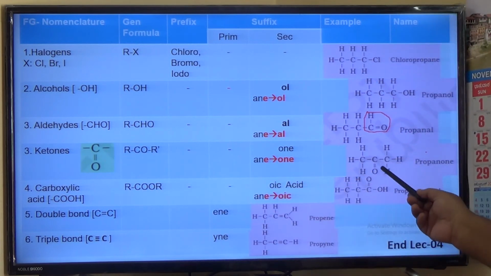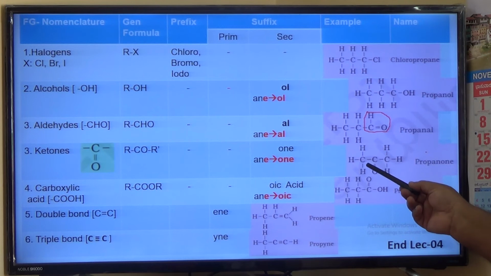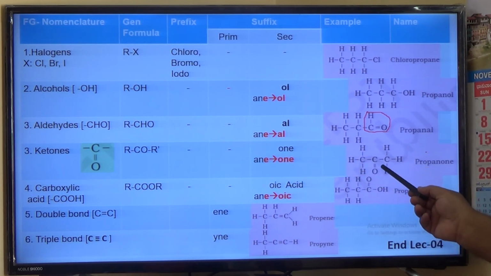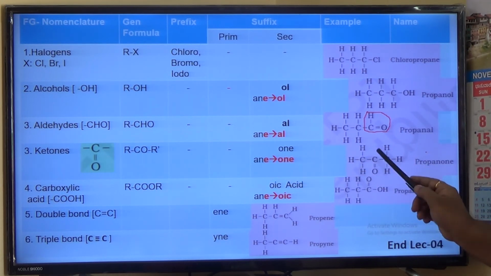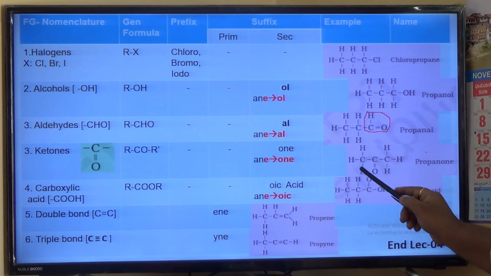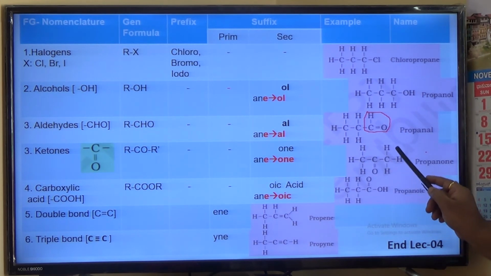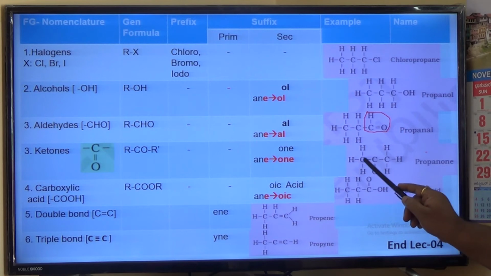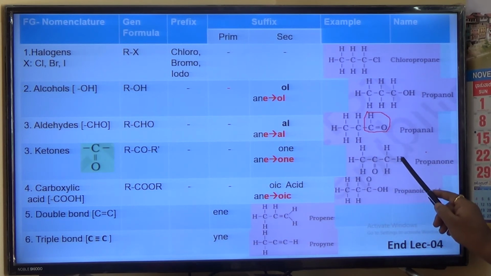So this is how we write the formula for the ketone: C double bond O, one bond attached to a CH3 group, and the other bond attached to a CH3 group. So R CO R, where for this ketone group R is CH3 and R dash is also CH3.